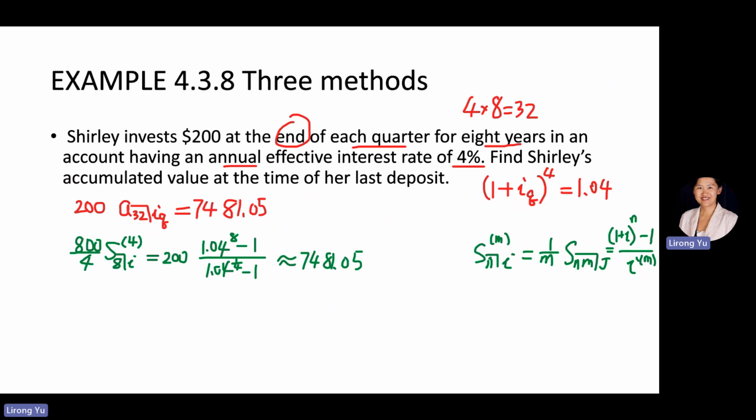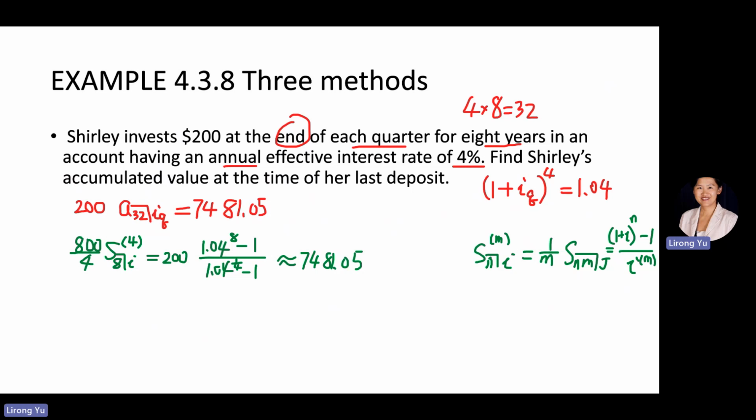In this question, Shirley invested 2,000 at the end of each quarter for 8 years. So that means there are 4 payments of 200 per year for 8 years. 4 times 8 is 32. So there are 32 payments, with an annual effective interest rate of 4%.